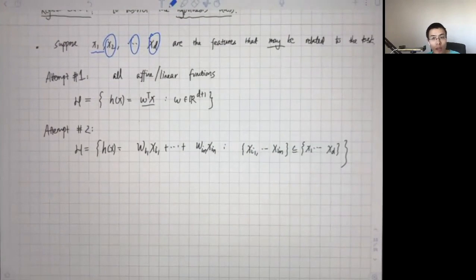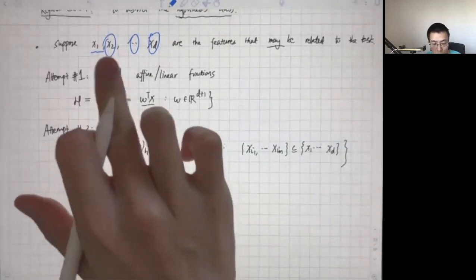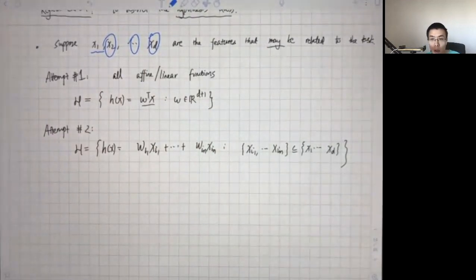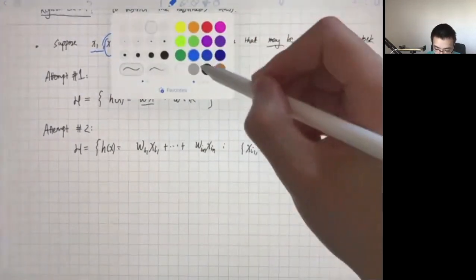You either include it or you don't. If you don't include it, then it has no effect on the prediction, even if it contains some information. But if you include it, maybe you have included too many features and your hypothesis class again becomes too powerful, and now you have high variance. So this is my second attempt.